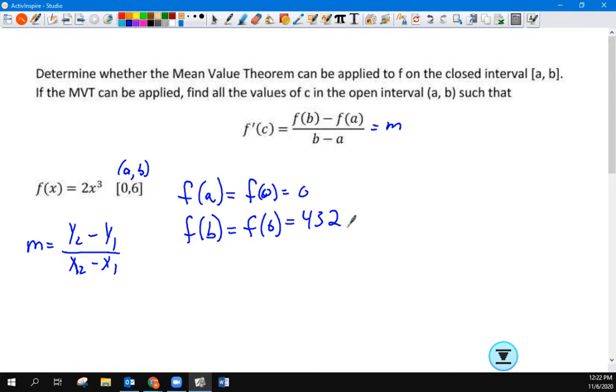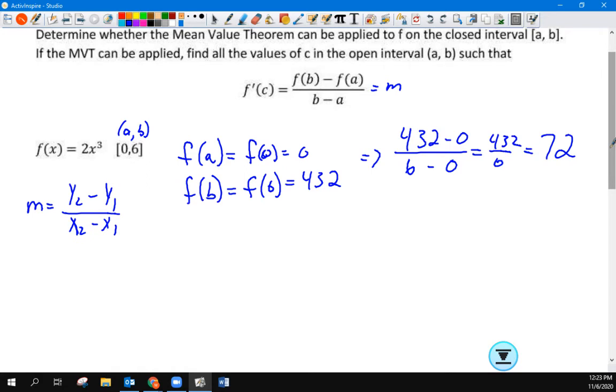So we plug that into our equation, and we get 432 minus 0 over 6 minus 0, which is 432 over 6, which equals 72. 432 divided by 6 is 72. Okay, so we know that the average slope is 72.